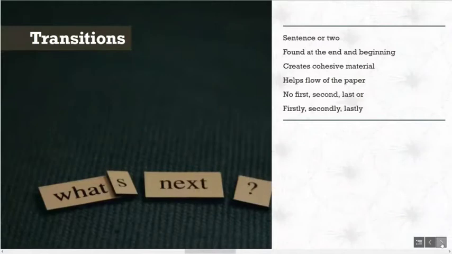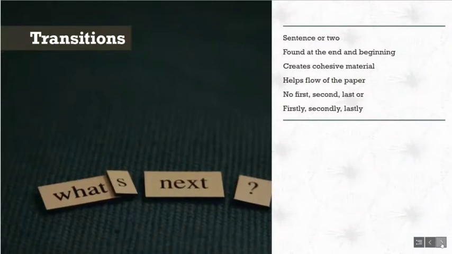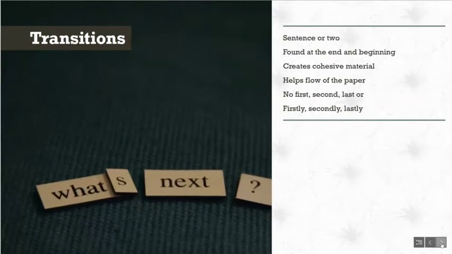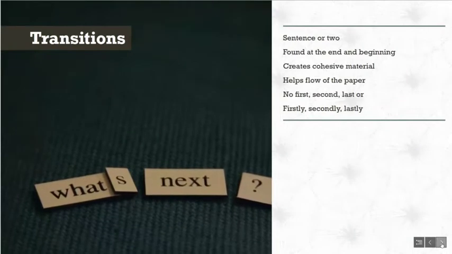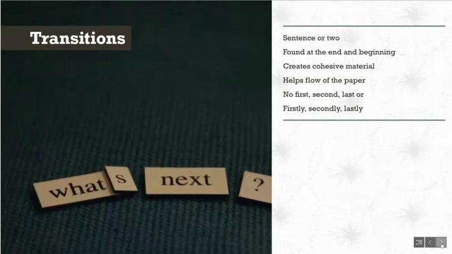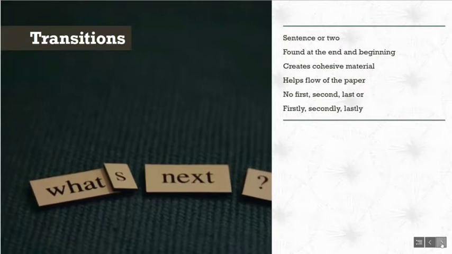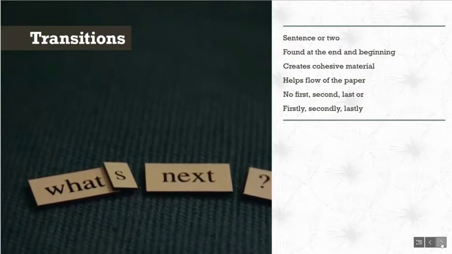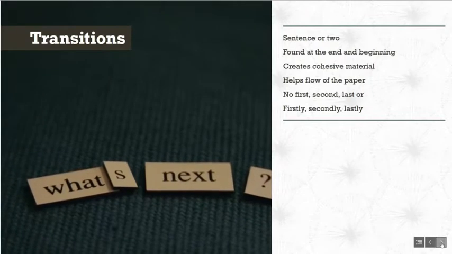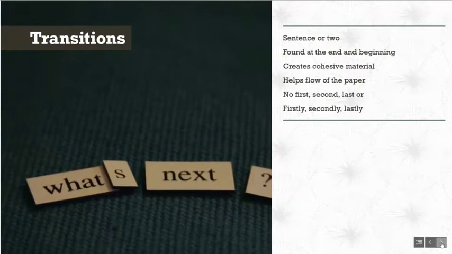One of the next things you can do to help make your paper a little bit better is to work on the transitions. The transitions are the place that go from one idea to another or from one paragraph to another. And the transition is generally a sentence or two, and they are found at the beginning and the end of every single paragraph.